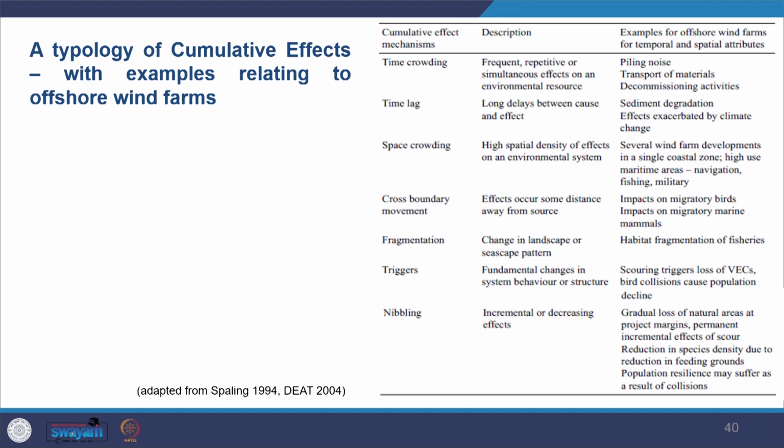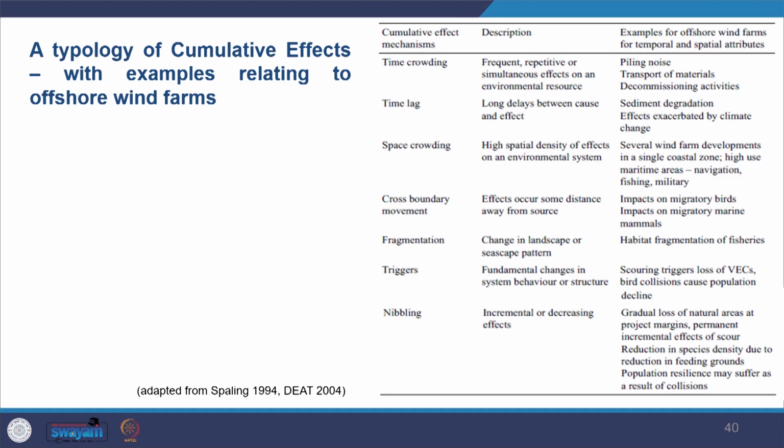Then you see space crowding, if you can recollect, a high spatial density of effects on an environmental system. There are a lot of things in the same place. So that's said to be space crowding. Then you have cross-boundary movement, where effects occur some distance away from the source.